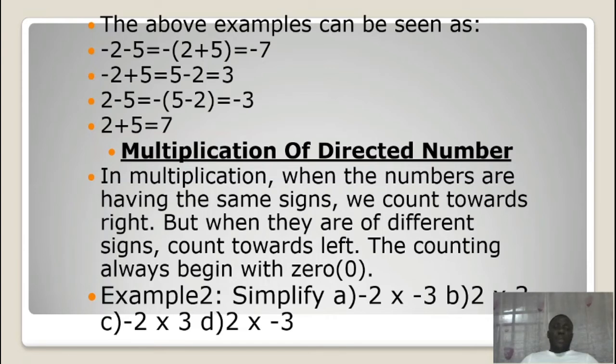So it's like you borrow the minus sign from 2, and after you carry out the operation, you give it back. You see that 5 minus 2 gives us 3. Now which sign is carrying the larger number? It is minus. So 3 becomes minus 3. I hope this example is very clear to us.